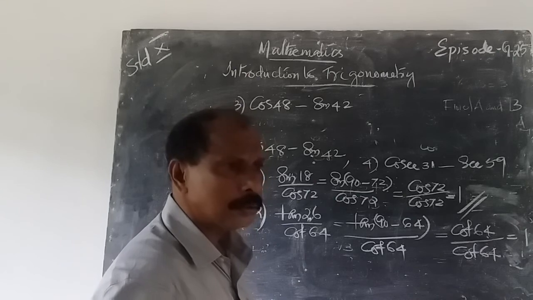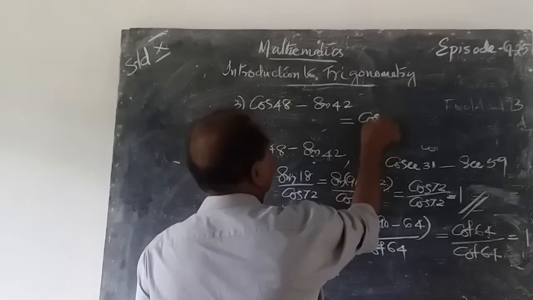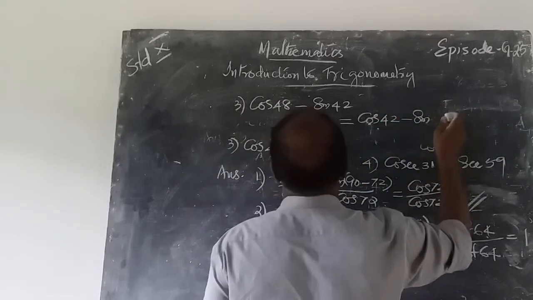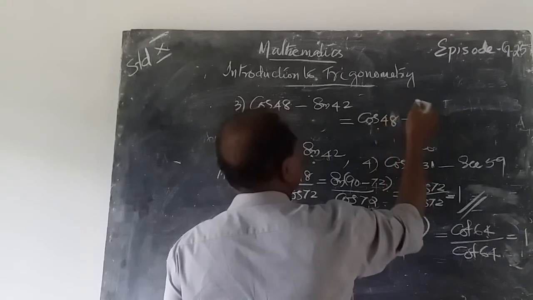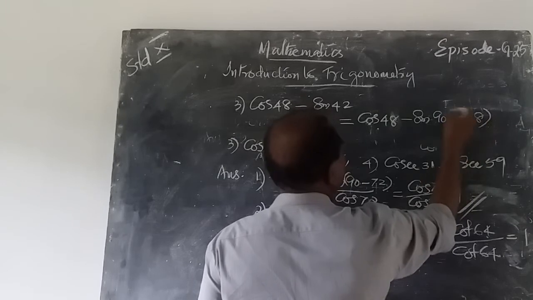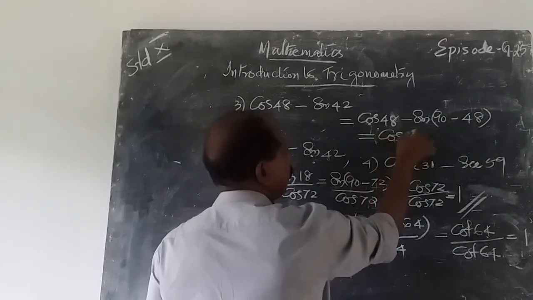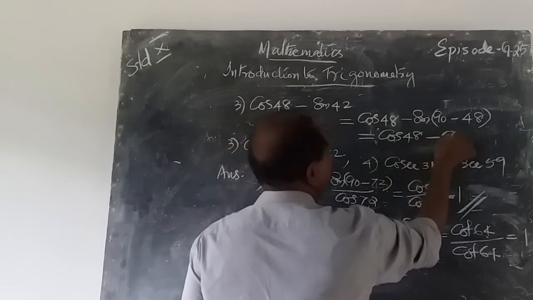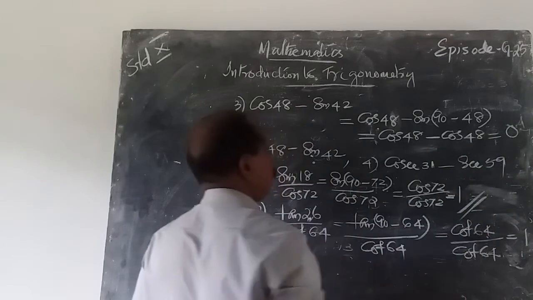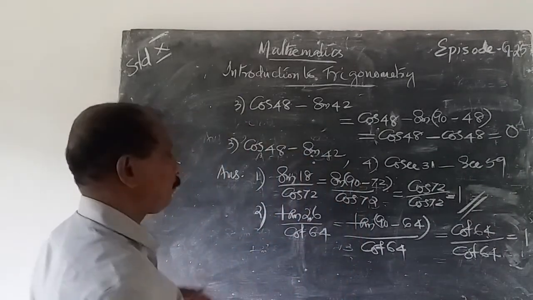So this is cos 48 minus sin 90 minus 48. What is sin 90 minus theta? Cos theta. Minus cos 48. Any term minus that term is equal to 0. That is the answer of the third question.